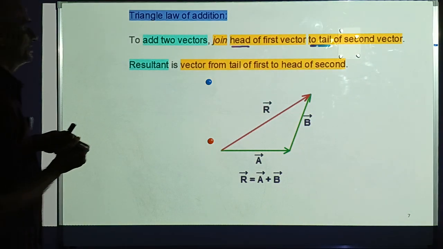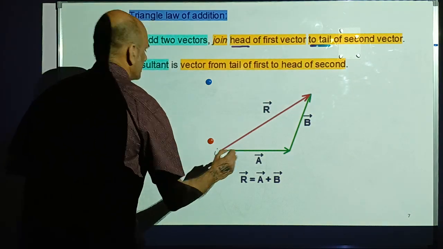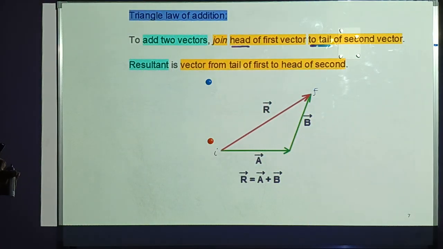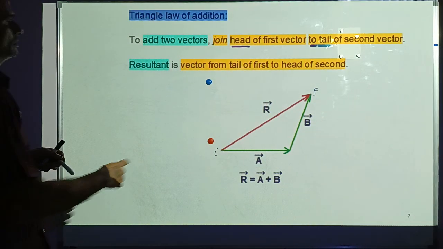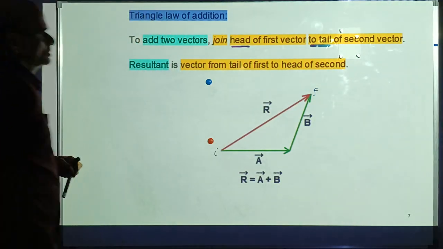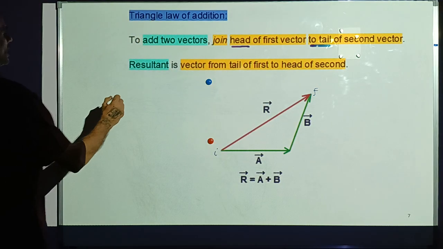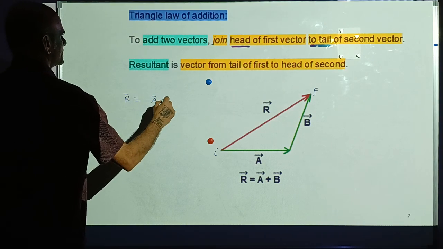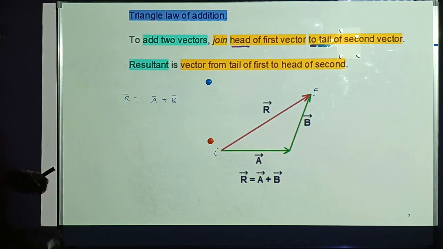To remember this, I can assume this is the initial point and this is the final point. So I can go from initial point to the final point by two ways. One is along A and B, another is along R. So the end effect is same. So the vector R should be same as A vector plus B vector.